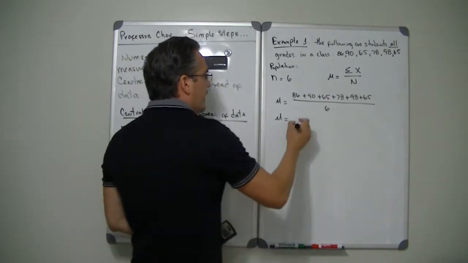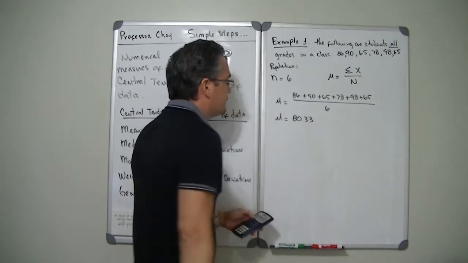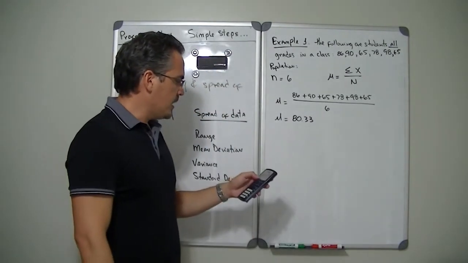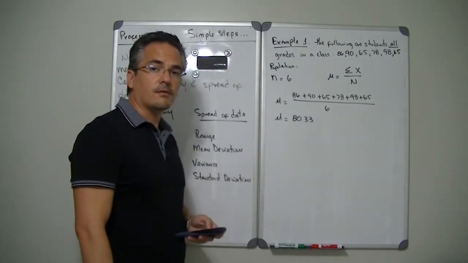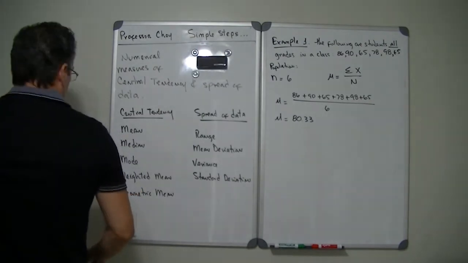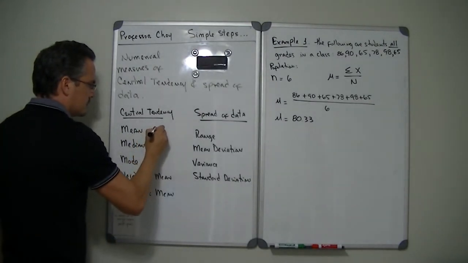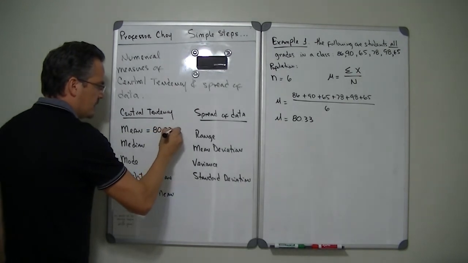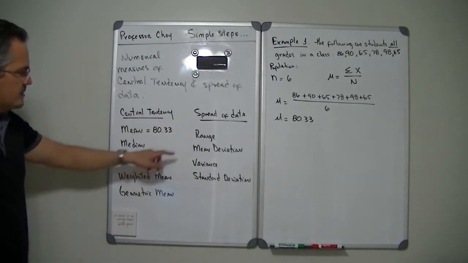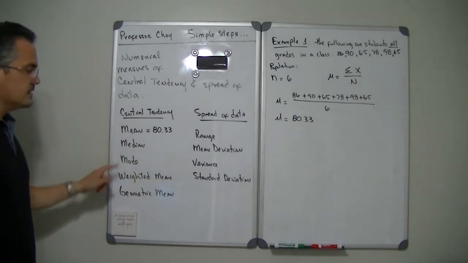So the number that we got is 80.33. All right, and that is our mean right now. I'm going to write my mean right here because we're going to need that in order to calculate especially my mean deviation and my variance and my standard deviation. All right, let's go for the median now.